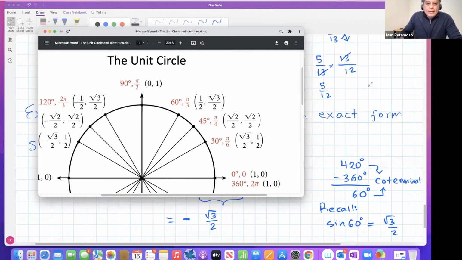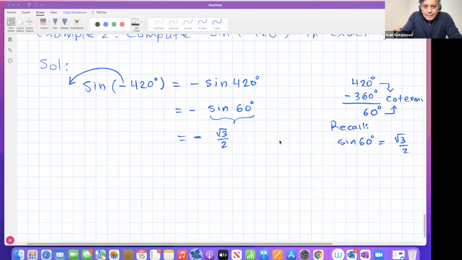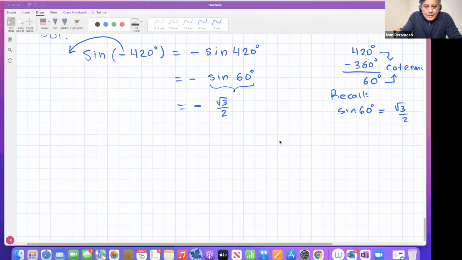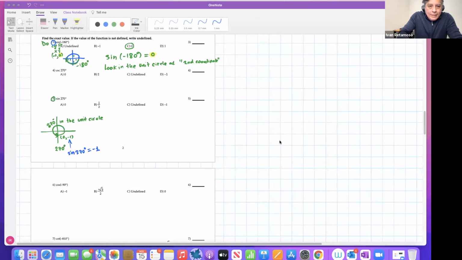Yeah, great. All right, now let's see how we can use this sheet and how we can use our tool that is given by using the unit circle. And let's go to the worksheet and practice.